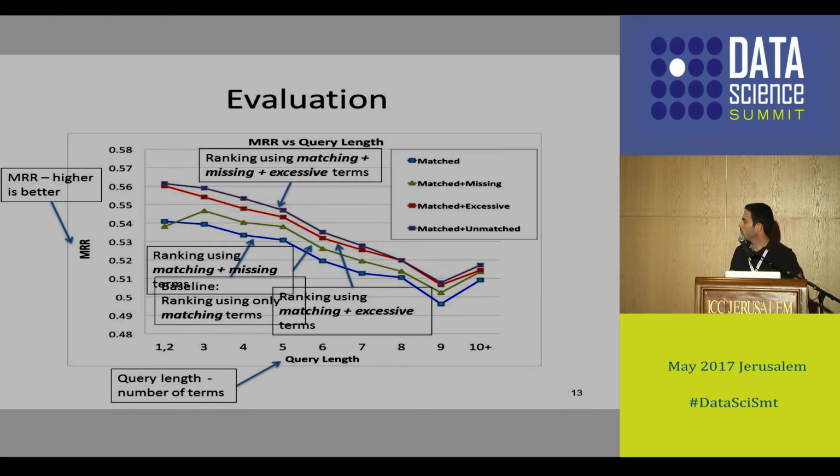The green line shows the results when adding to the matching terms only the missing terms. We can see that except for queries of length 1, because there is no such thing as a missing term there, it's either hit or not, for longer queries it improves the results across the board. Next is when adding to the matching terms only the excessive terms, which showed even further improvement. And finally, when combining both, we got the best results.